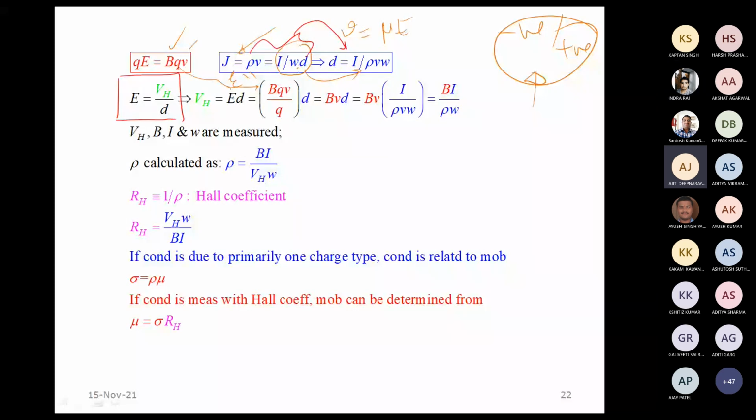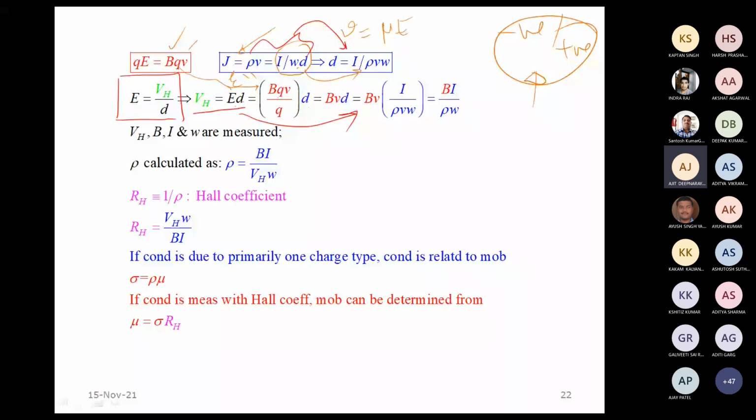So VH can be written in this form. In place of E, we substitute this expression, and in place of J from here, if we put this, then ultimately we can rewrite the expression for the Hall voltage as B times I upon rho times W.